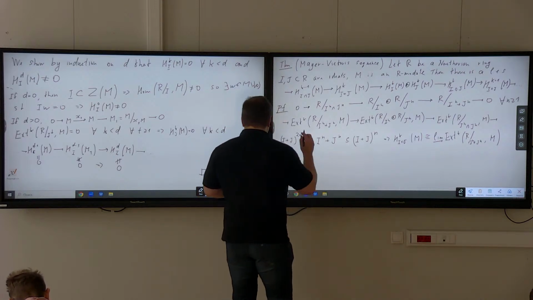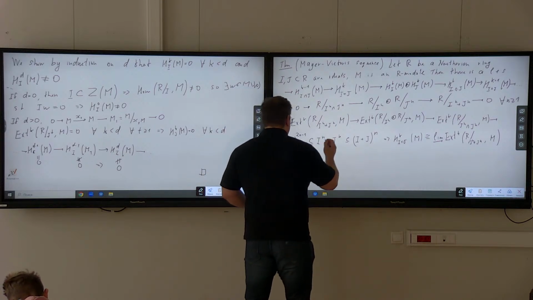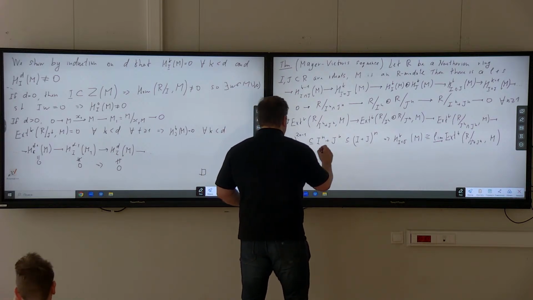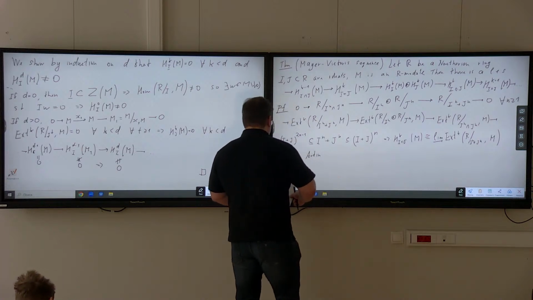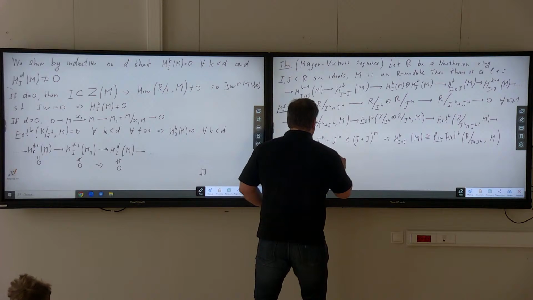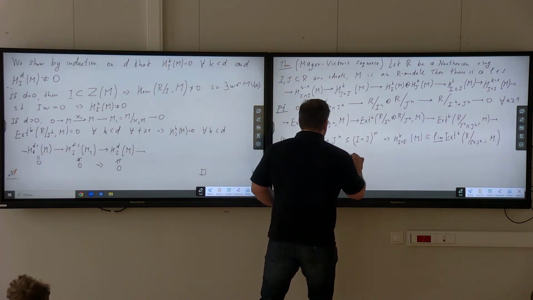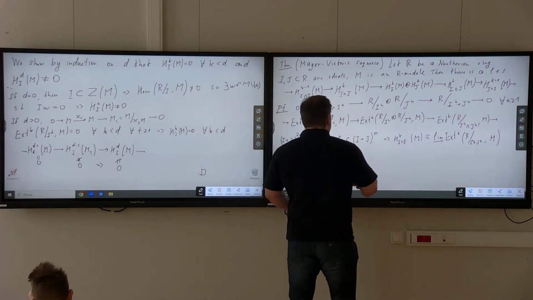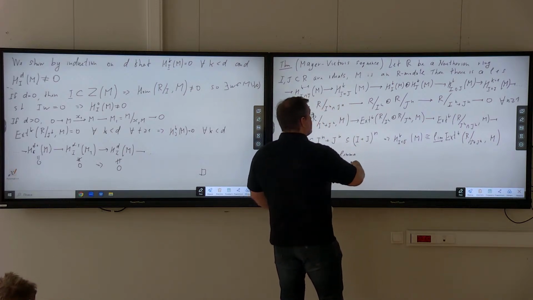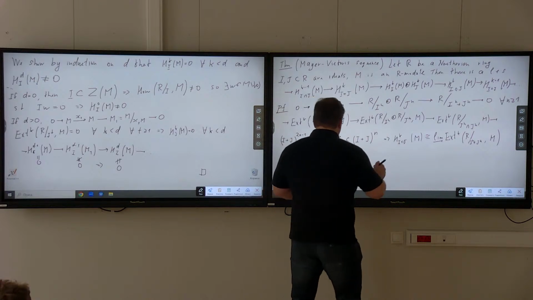Well, the result follows from the Artin-Rees lemma, but to see how exactly this follows, let me formulate the Artin-Rees lemma in the notation that I'm going to use in this computation. Of course, this works under the assumption that R is Noetherian, that's important.